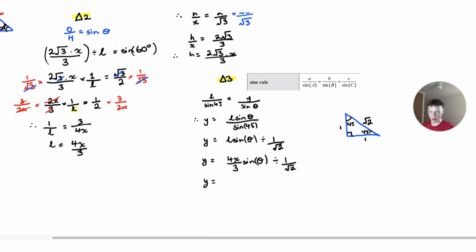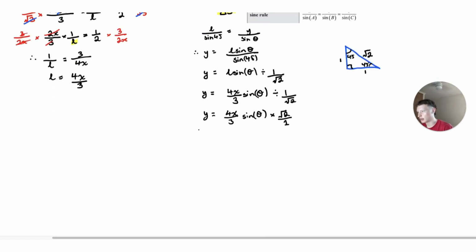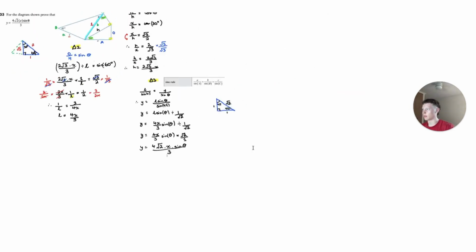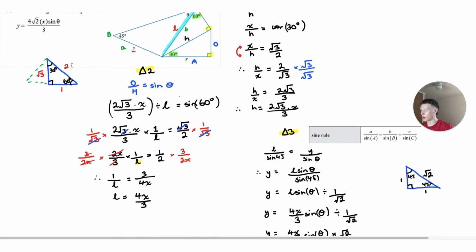When we divide by a fraction, we can multiply by its reciprocal. And so 4x over 3 times sine of theta comes multiplied by just root 2 on 1, which gets us y equals 4 root 2 times x times sine of theta over 3, which I believe was what we were required to prove.